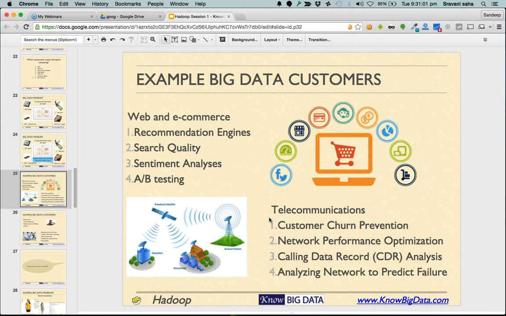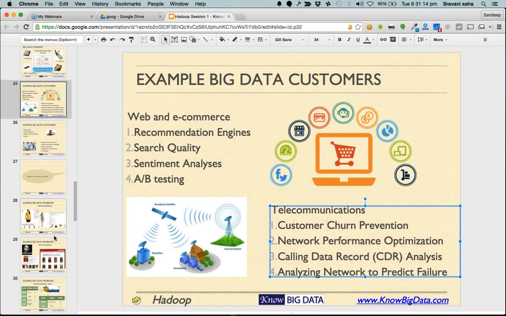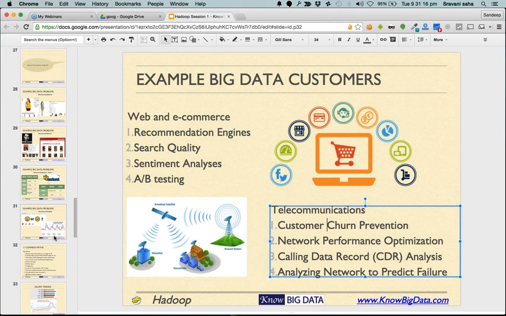Fourth is sentiment analysis. So what does sentiment analysis mean? We will cover it in a minute.